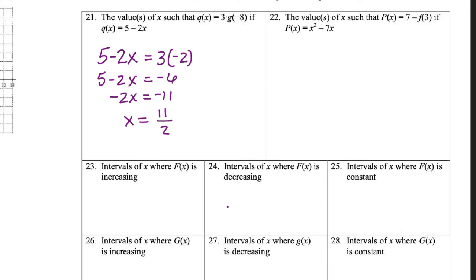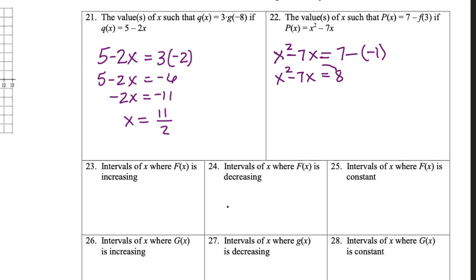And then number 22, you've got your x squared minus 7x is going to be equal to, and then it looks like you've got 7 minus f of it, which looks like negative 1. So we have x squared minus 7x equals 8.